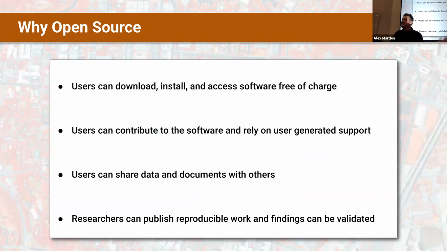All right, and that brings us to why open source, and specifically in this talk, well, importantly, you can access open source software free of charge, right? And beyond that, the source code is open, so you can really go in and see what's happening with your analyses. Again, it's replicable and repeatable, which is really, really important.